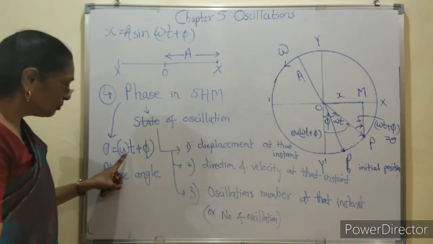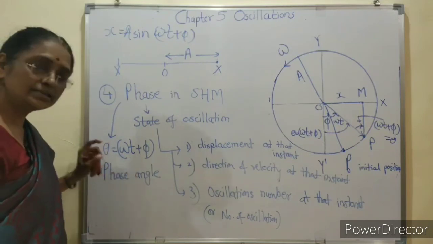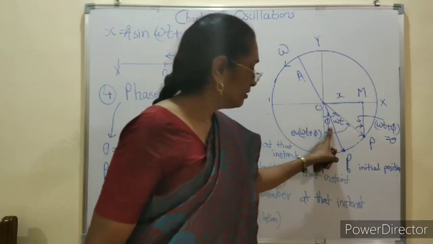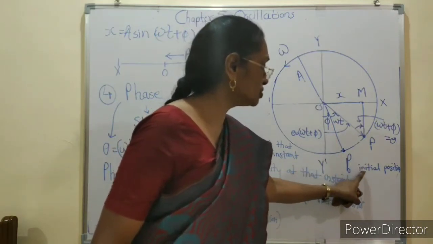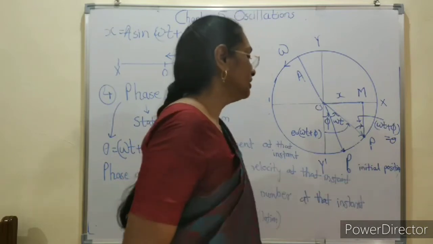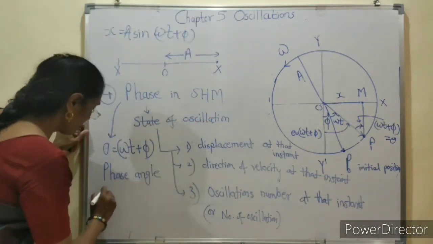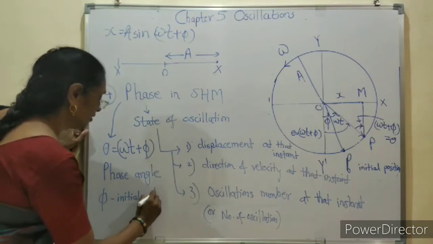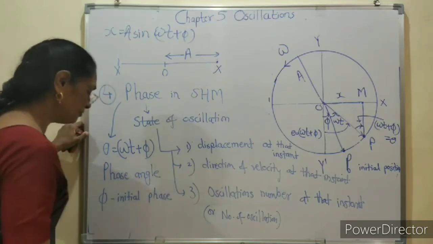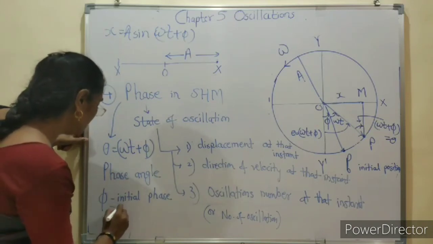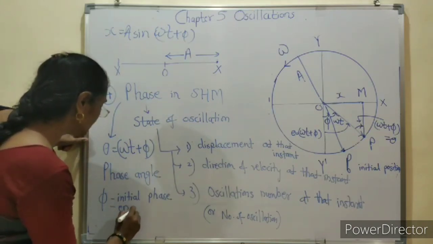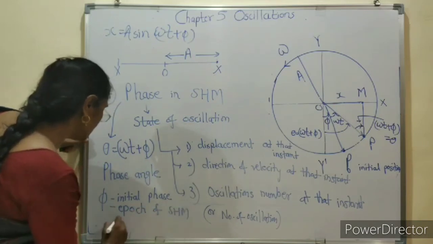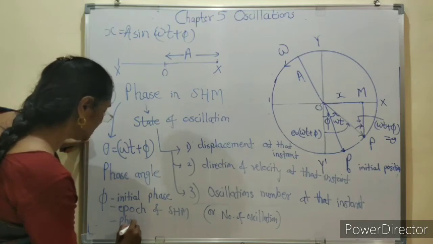Here omega t is an angle, phi is an angle, but phi we have taken for the reference position, which is the initial position. Here this phi is called the initial phase. It can be described by many names here. It is also called epoch of SHM. It is also called phase constant of SHM.